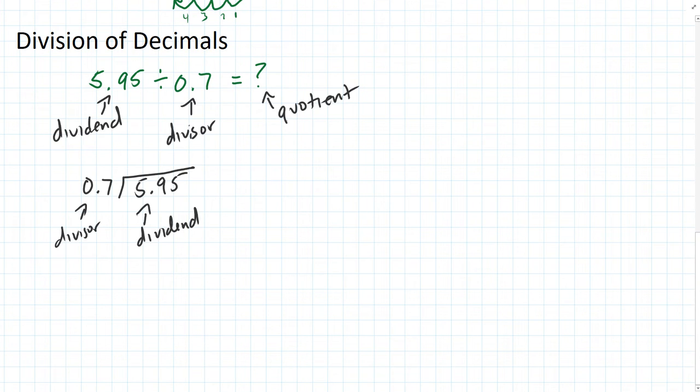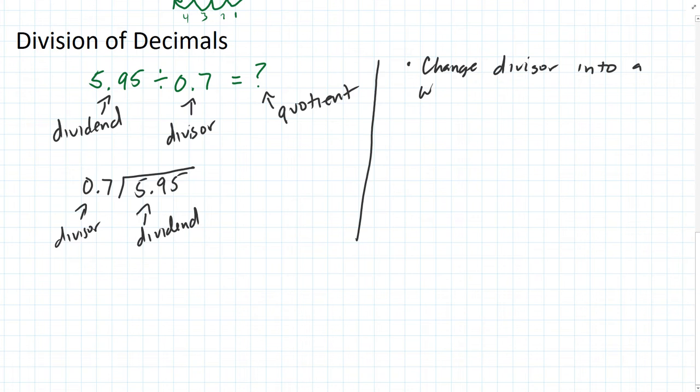But what we're confused about now is that we have decimals here. We have the decimal in the divisor, so we don't know what to do with that. So what we like to do is, let me write the notes here, change the divisor into a whole number. Just the divisor.